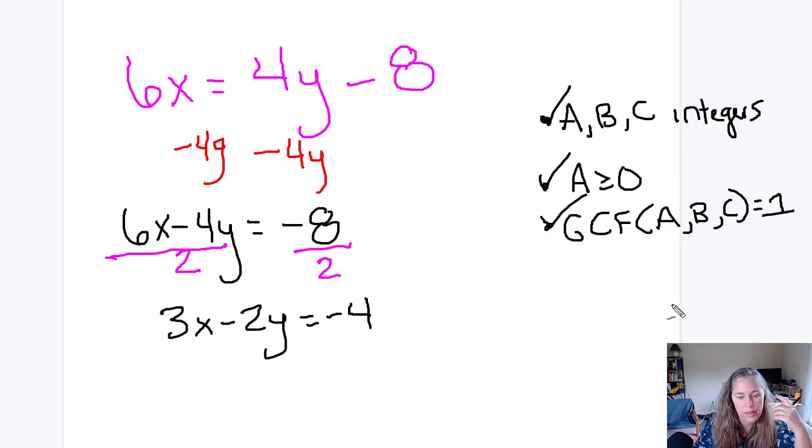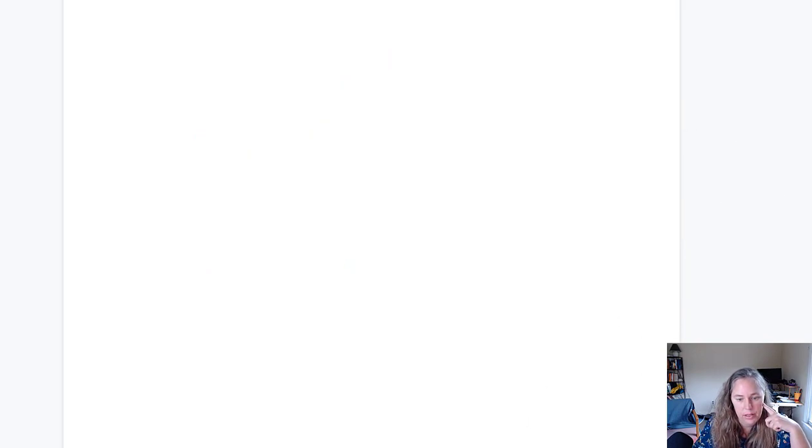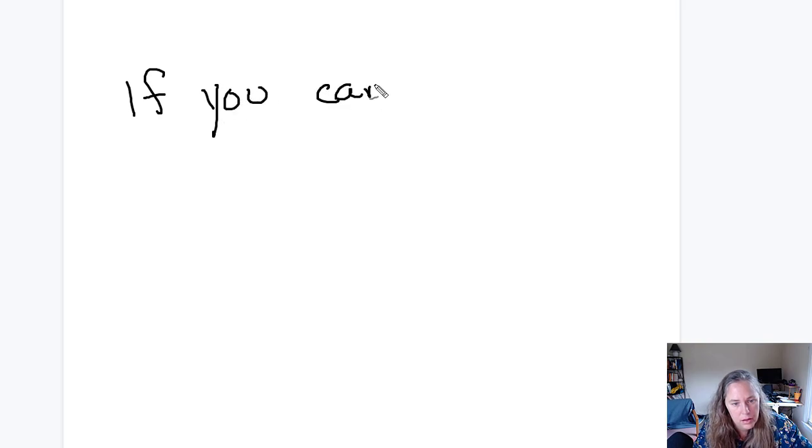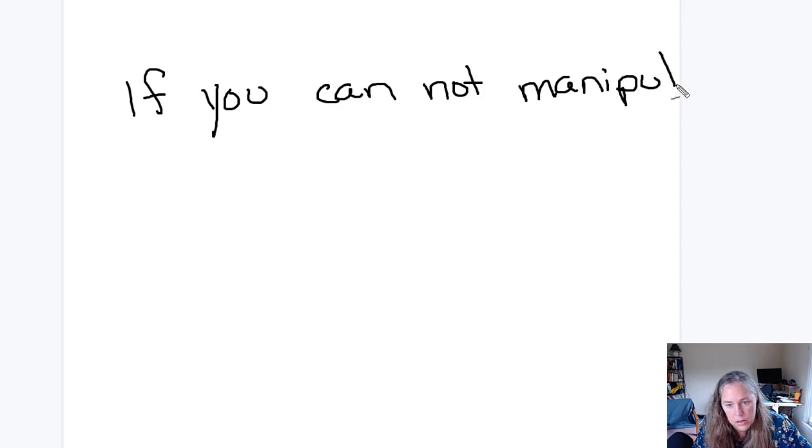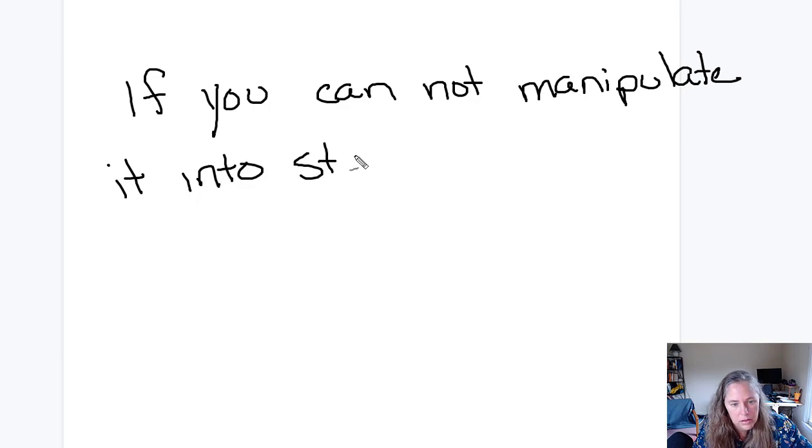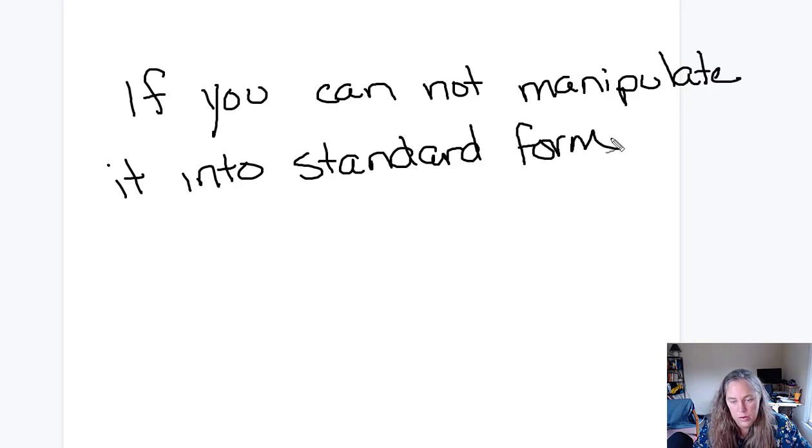Okay, so the next thing you're going to do is try some problems. The last thing I'm going to tell you: as long as you're doing everything right, if you're doing your algebra right, and you can't manipulate it into standard form, it is not linear.